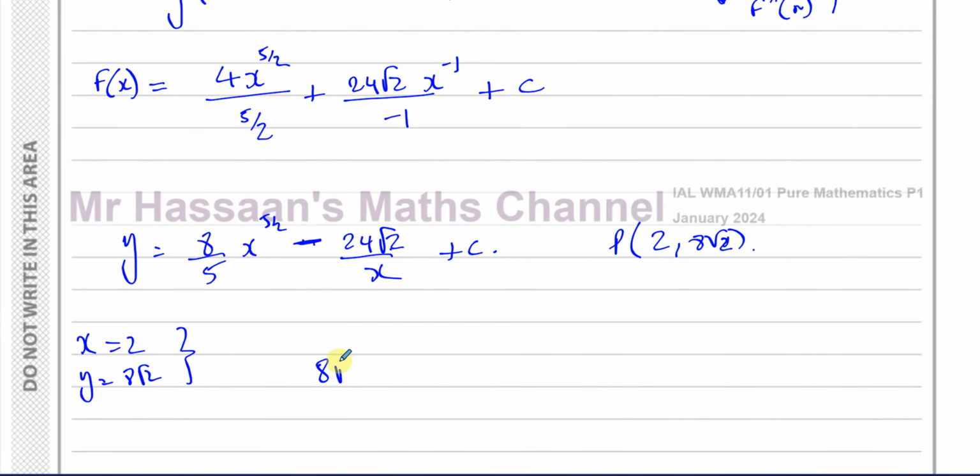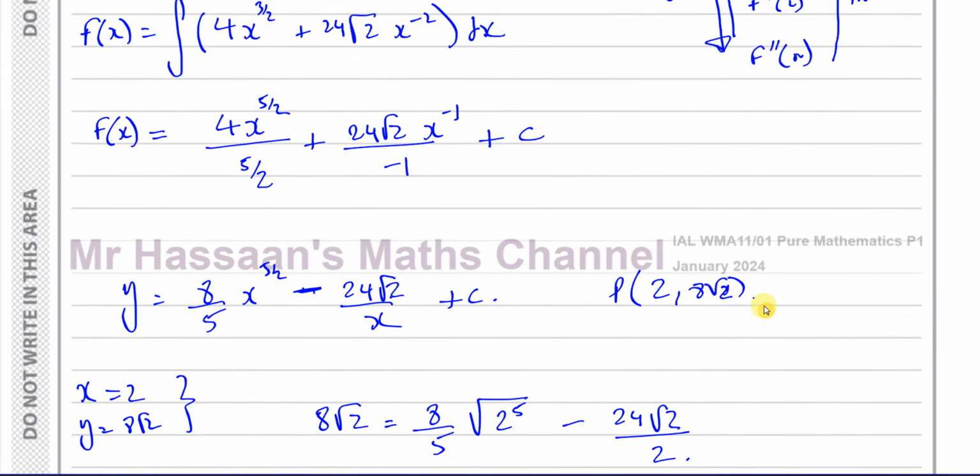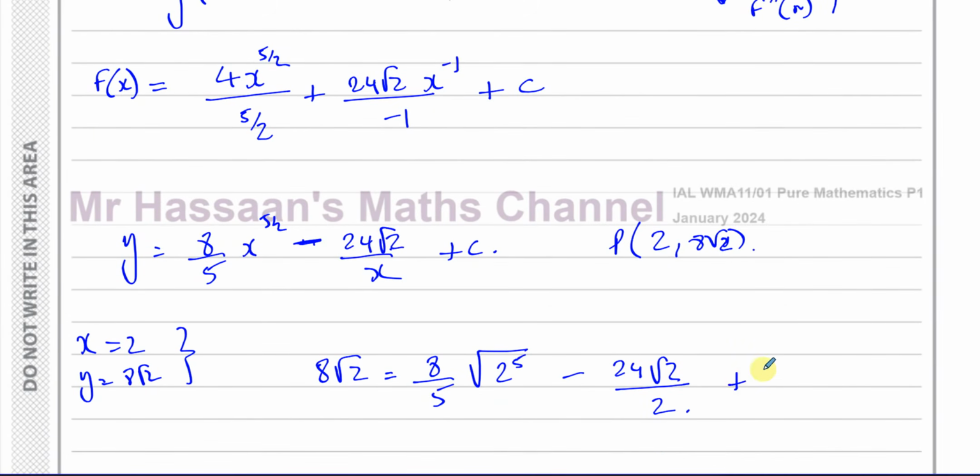So we have 8 root 2 equals 8 over 5 times the square root of 2 to the power of 5, minus 24 times root 2 over 2, plus c, of course, because that's what we're trying to find.